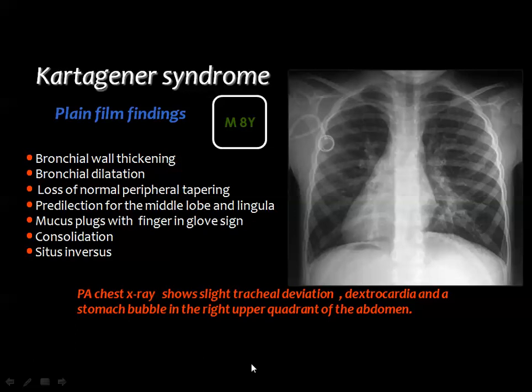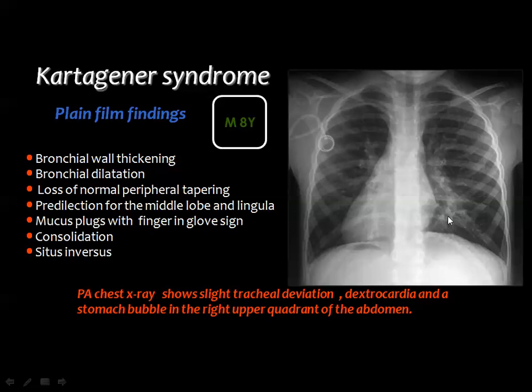And these are the plain X-ray findings in patients with Kartagener syndrome. Number one, you appreciate the presence of dextrocardia, and you can also see that the air bubble in the stomach is to the right side of the midline, denoting situs inversus. Then if you look carefully at the chest X-ray, you are able to see that the bronchial wall is thickened, but many times you cannot appreciate the presence of bronchiectatic changes.